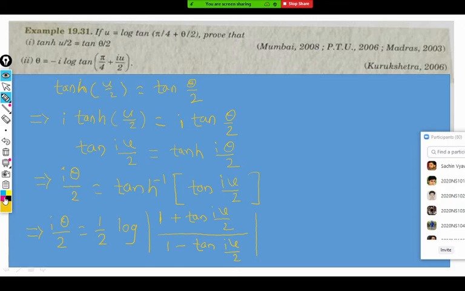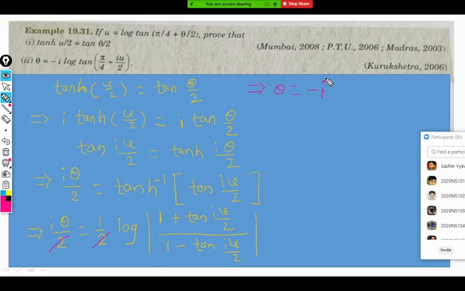Now that 2 gets cancelled. If I want to take this iota on this side, just multiply both sides by iota. So this i square becomes minus one, and here is iota.